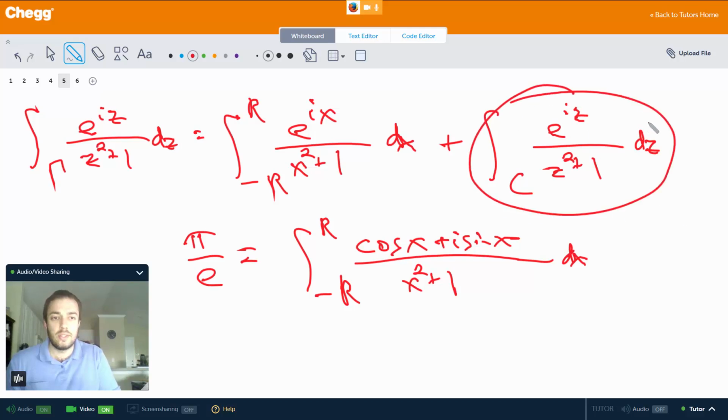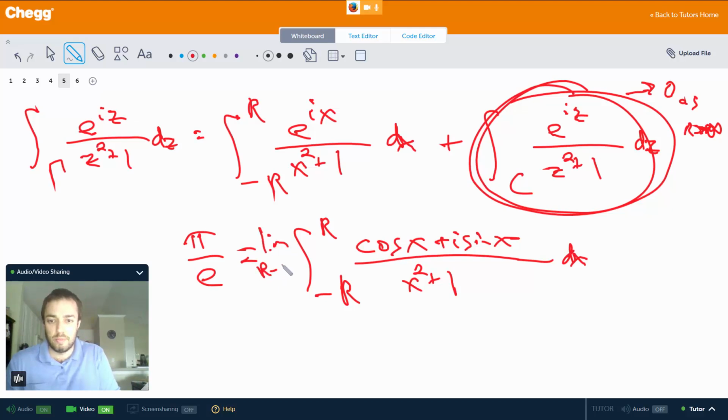Now this, remember, just goes to 0 as r goes to positive infinity. Now this integral itself is not 0 always, it's just 0 as r goes to positive infinity. And because we're eventually going to take a limit as r goes to infinity, then this is just going to be 0. So actually, let's just go ahead and take the limit of both sides now.